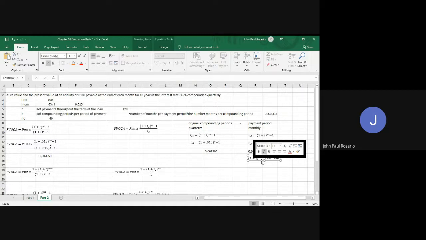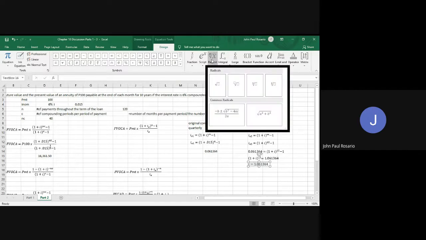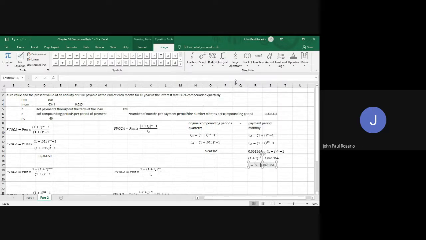So I is equal to the radical sign, the 12th root, and then we copy this one inside.